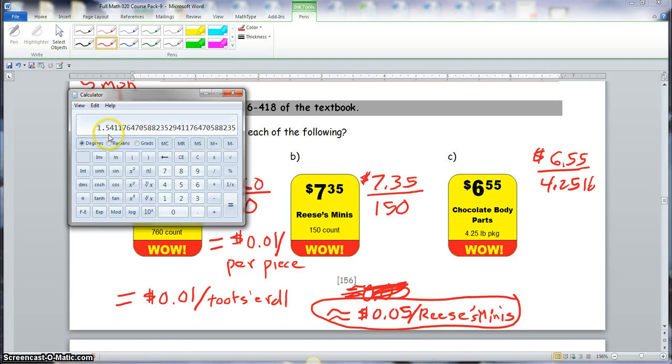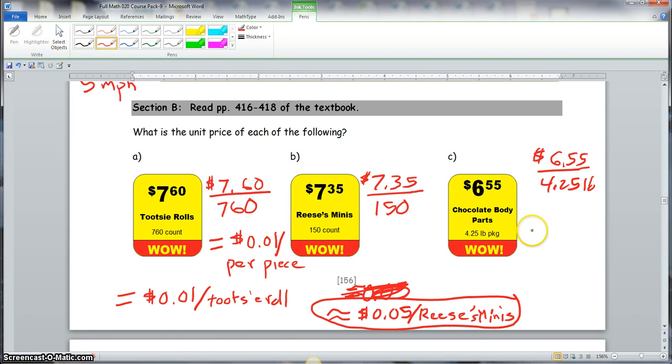Now we have this long decimal, but we just round to 2 decimal places. So what we have is 1.54, approximately $1.54 per pound. And that's it. Because we did this by the pound package, it'd be $1.54 per pound. So that's it for that particular problem.